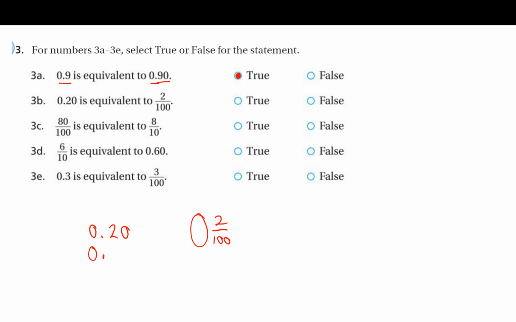How many tenths do we have? Well, there's nothing in front of this 2, and it's saying it's 2 hundredths, so we have no tenths, and we have 2 hundredths. So if we line those up, we have 0 in the ones place, those are tied, 2 in the tenths place here, and a 0. So those are not equal to each other. So that is going to be false.